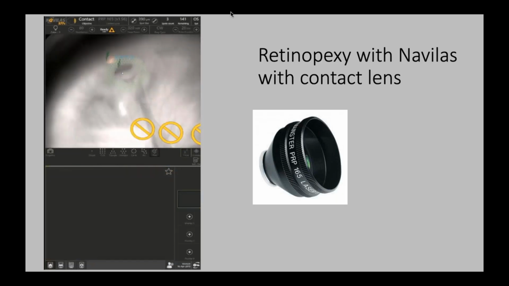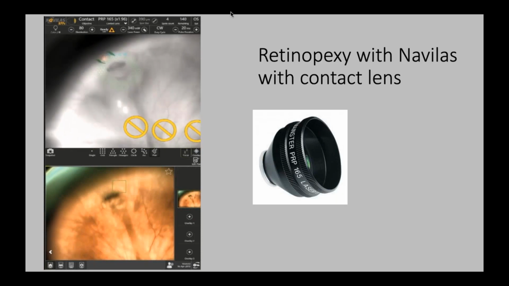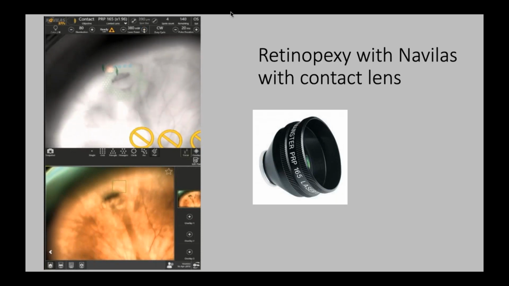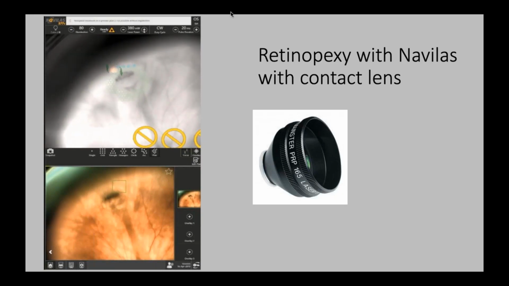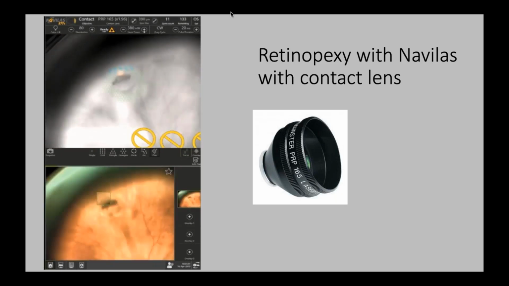A snapshot is taken to assess the intensity of the laser reaction. The power is adjusted further, and once it is satisfactory, the full treatment is then carried out.